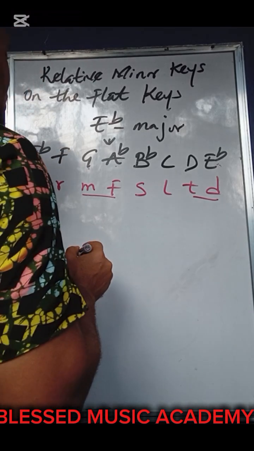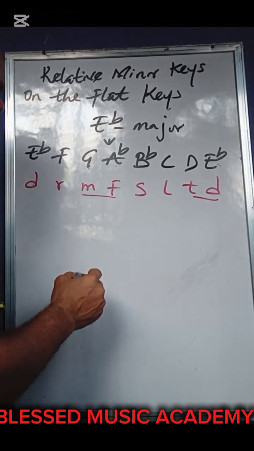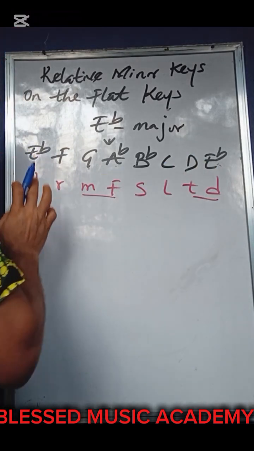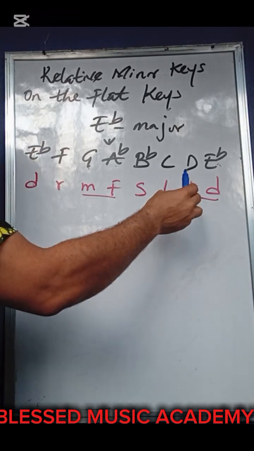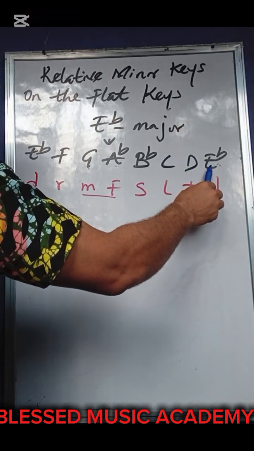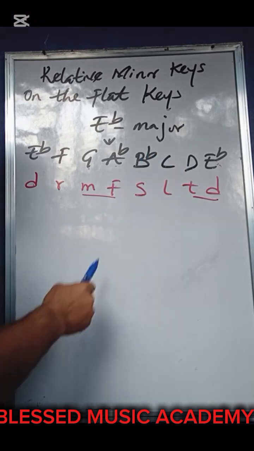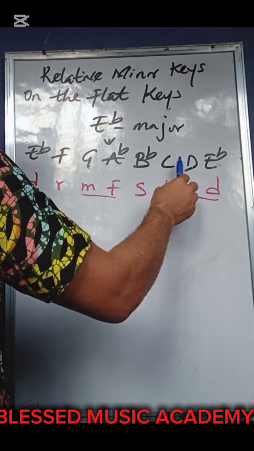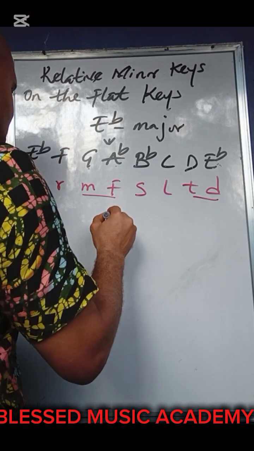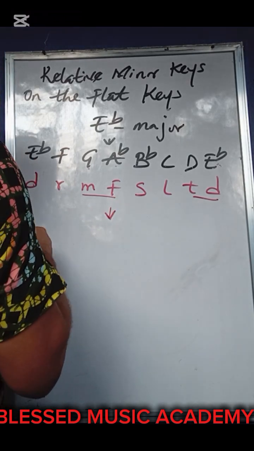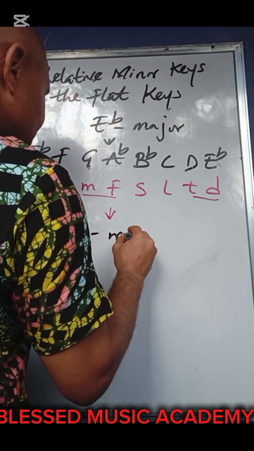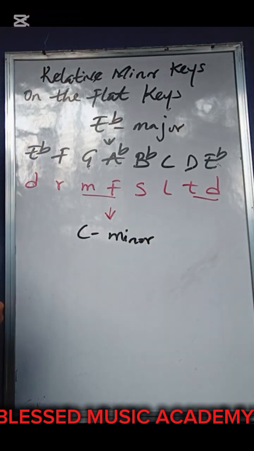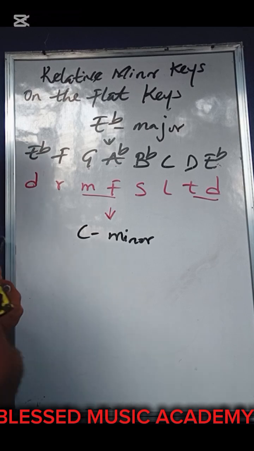All right. So the relative minor of E flat major, you just count backward: 1, 2, 3. That becomes what? C minor.